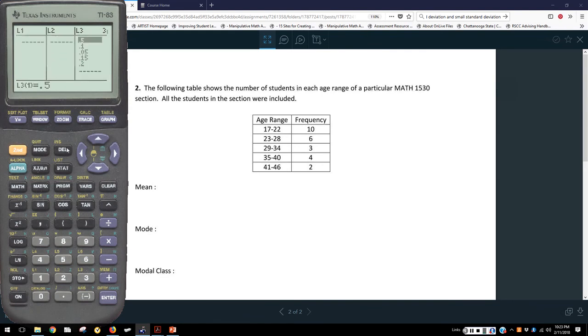And just for the sake of not having the extra column on that page, I'm going to clear out that one too.